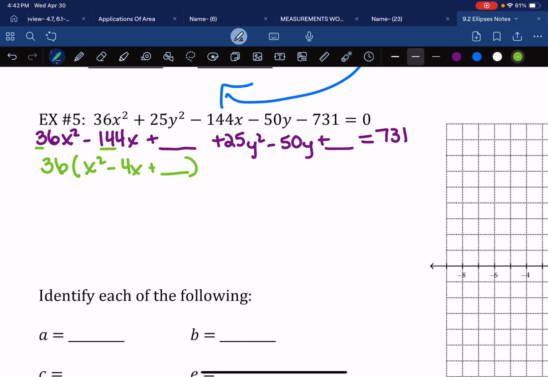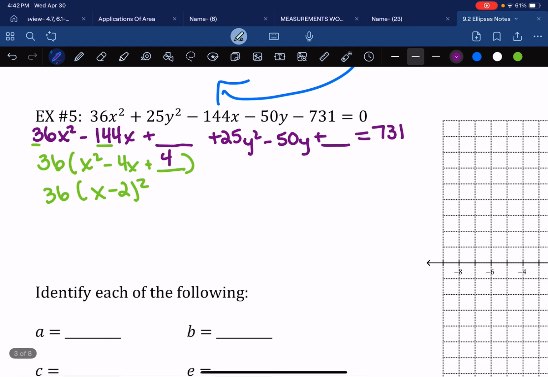Okay, so now we do that b term divided by 2, which gives me -2. That 36 comes down. -2 squared is 4. Now, that's what we have to add to the other side. So we have to do 36 times 4, which is 144.